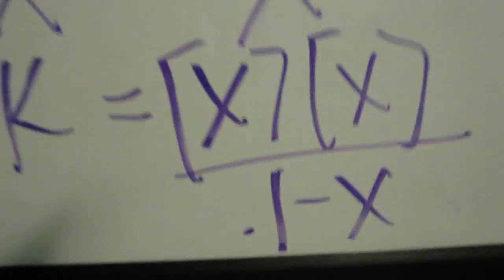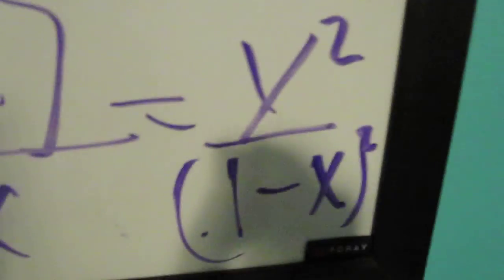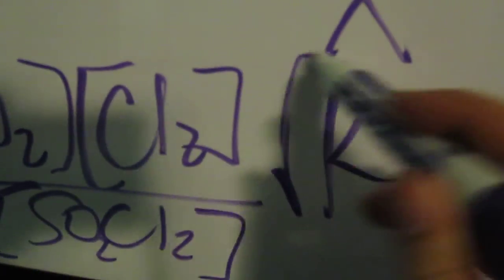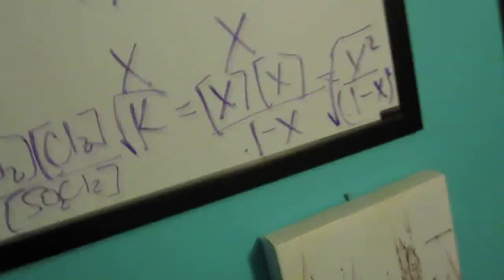So it'd be x times x over 0.1 minus x, and then you can just solve for it. And you see how this would end up being x squared on top? Sometimes it equals 0.1 minus x quantity squared on the bottom, and if you ever have that, then you can just take the square root of everything and the square root of K, because it's a lot easier to work with. It will normally become a quadratic, so use the quadratic formula or factoring. They'll make it easy. You never know.